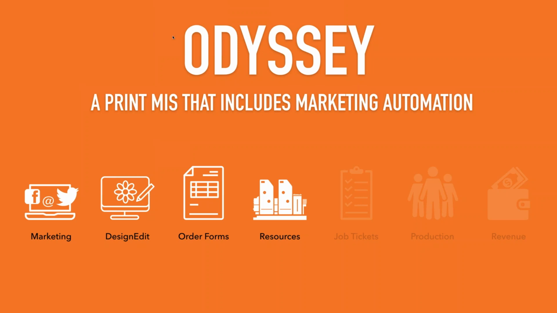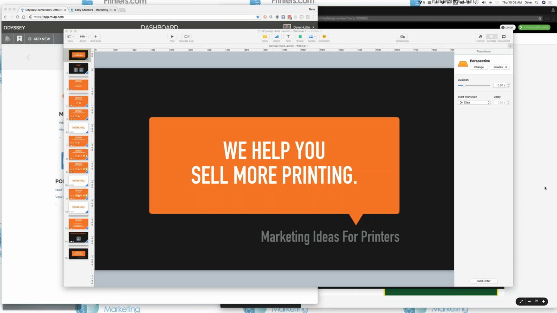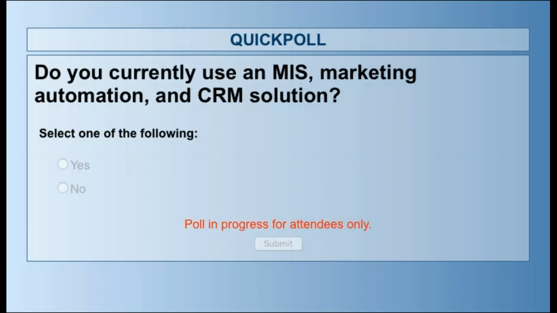Hey, Dave, I think now would be a really good time, as we're talking about what that looks like, for our very first poll question. Here we go. Let's do the poll. The poll question for everyone is: do you currently use an MIS, marketing automation, and CRM solution? Yes or no? So really simple.